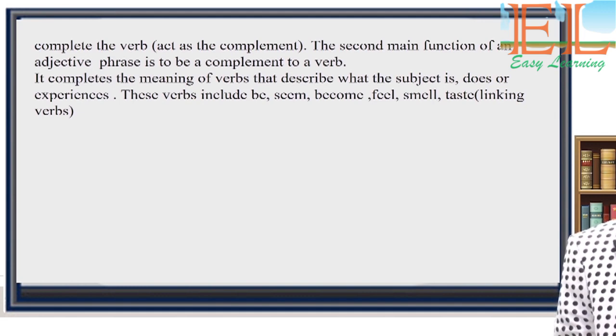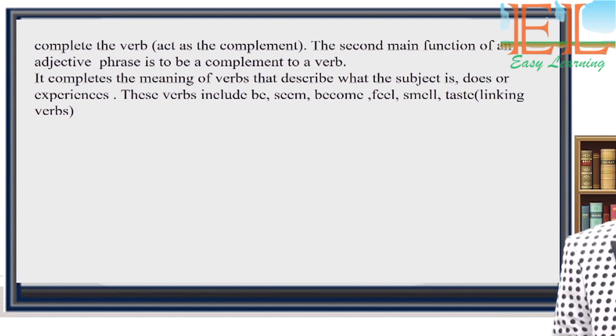An adjective phrase completes a verb. That is, it acts as the complement. And the second main function of an adjective phrase is to be a complement to a verb. It completes the meaning of verbs that describe what the subject is, does, or experiences.